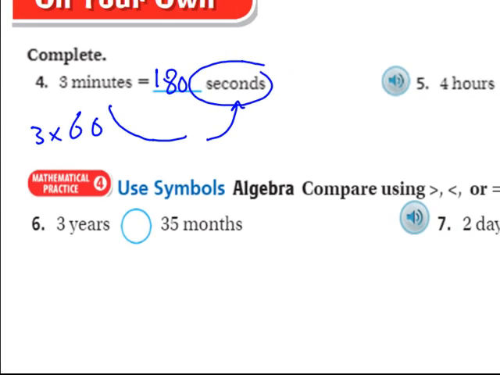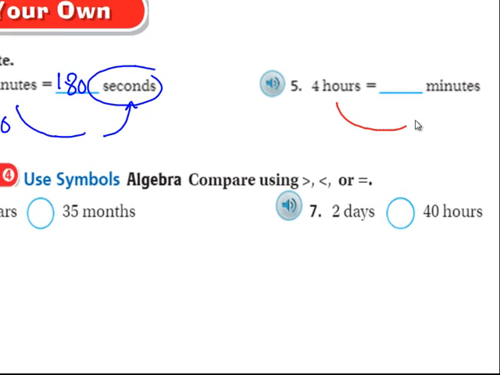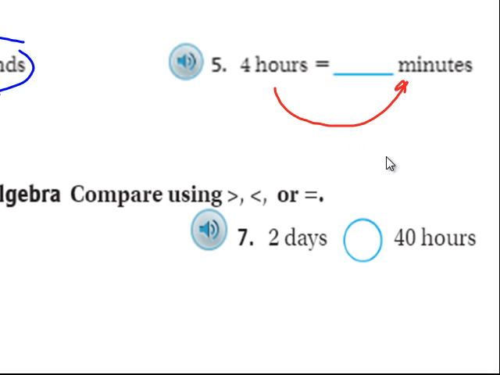Alright, let's solve question 5. 4 hours equals how many minutes? Ask yourself, how many minutes in 1 hour? Oh, it's a difficult question. I have 4 hours. And ask yourself, how many minutes are there in 1 hour?